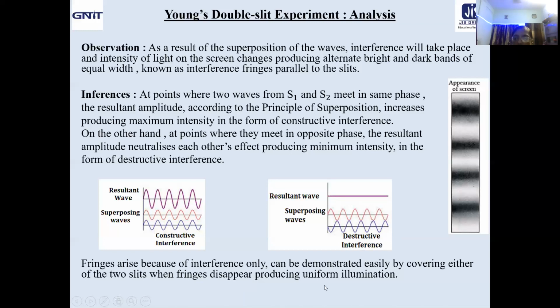Fringes will disappear and it will produce uniform illumination. If either of the two interfering sources is covered, you will find no fringe pattern. In place of that, uniform illumination will be obtained because of the light coming from one slit only.